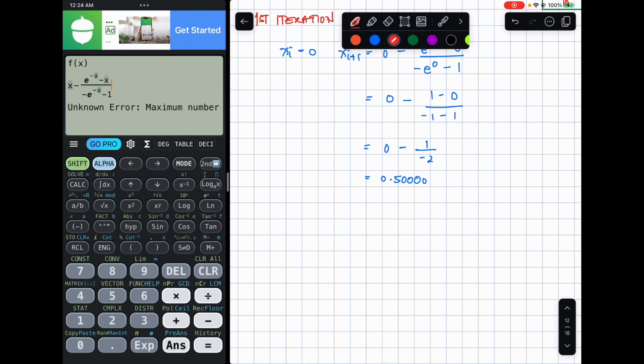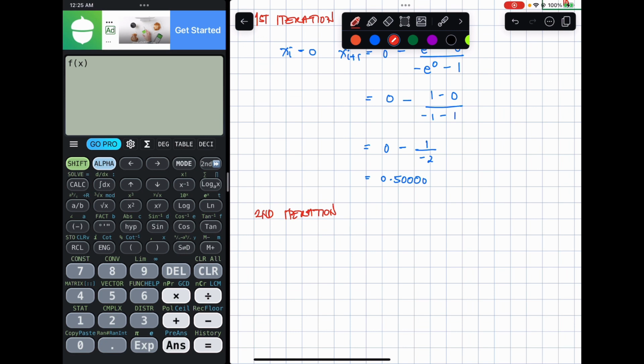So I'll proceed with the second iteration. My x sub i this time is 0.50000, or simply 0.5. For x sub i plus 1, did I clear that one?